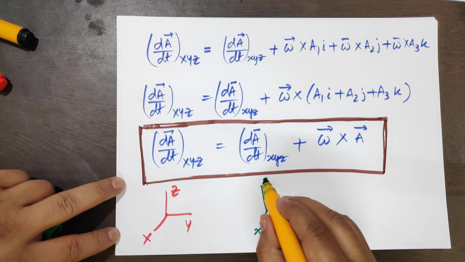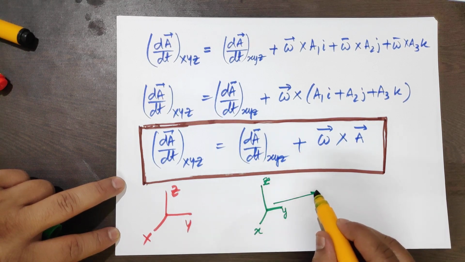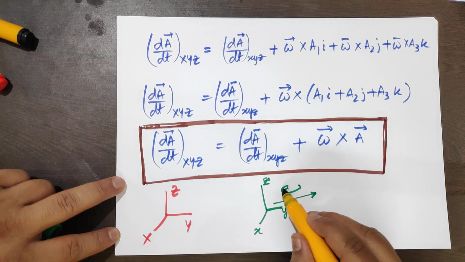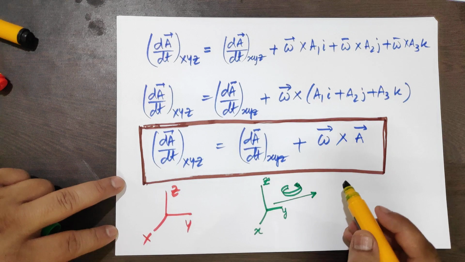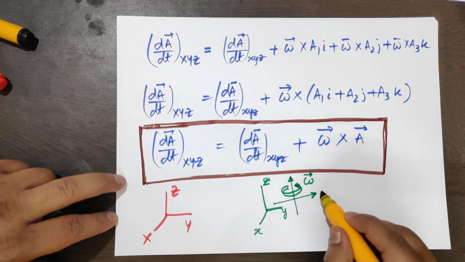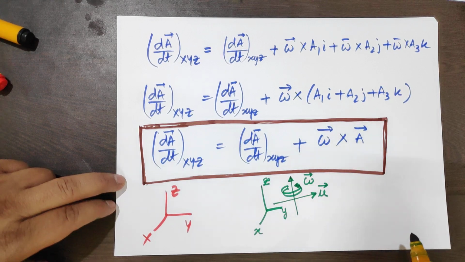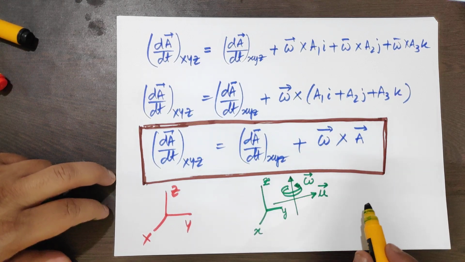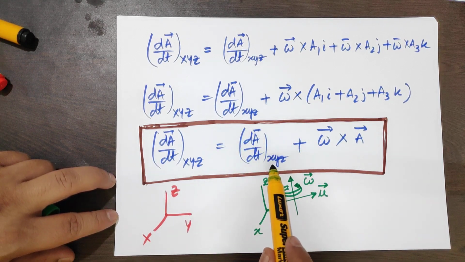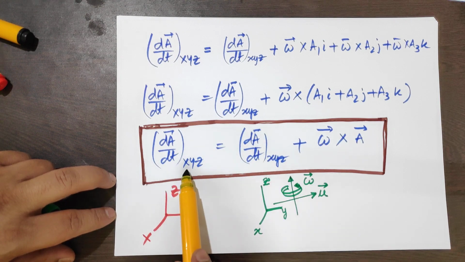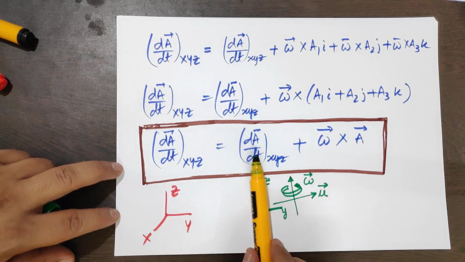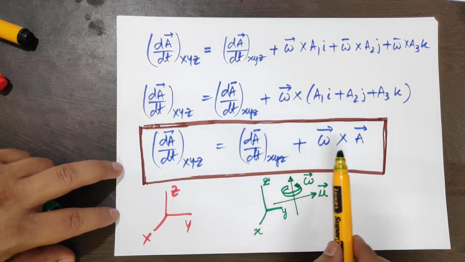If the small xyz translates and rotates, with angular velocity vector omega, and there is a velocity of translation, it doesn't matter. If a vector A changes according to this in the small xyz frame, with respect to capital XYZ or the ground frame it will change according to this expression: the rate of change in the moving frame plus this term.